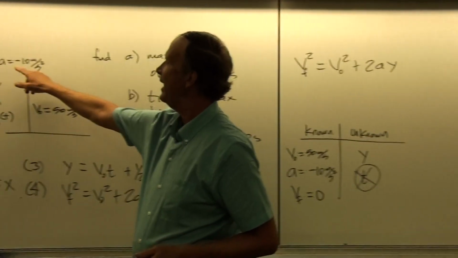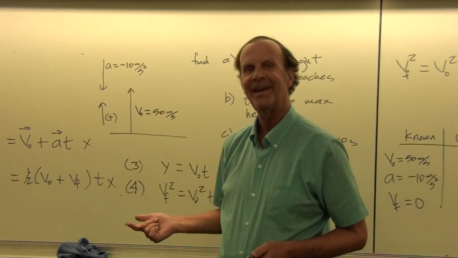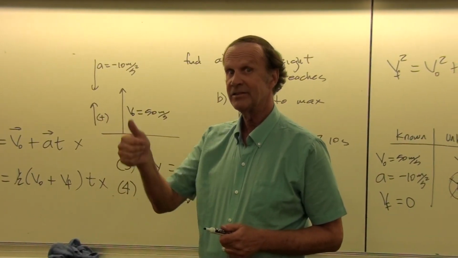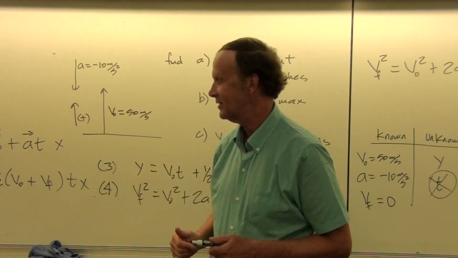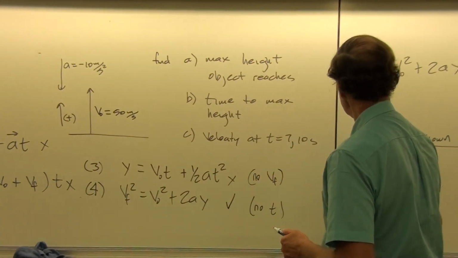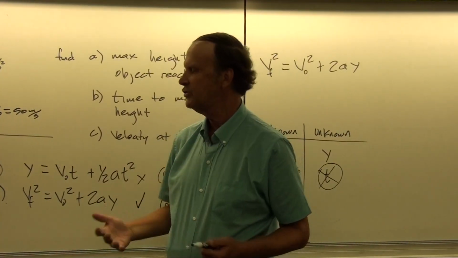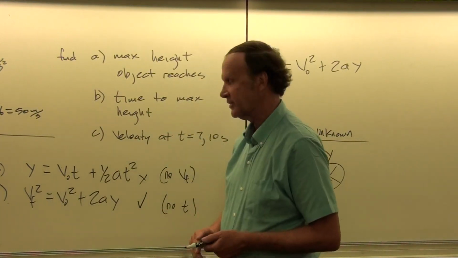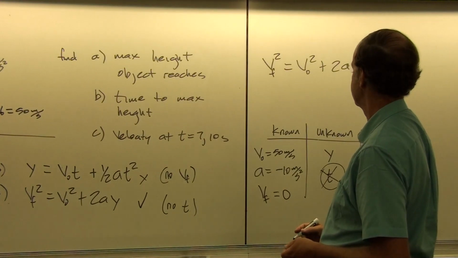If you write A is minus G and then write G is minus 9.8 or minus 10, then you're making it positive. And gravity is not positive here. It's slowing you down in the positive direction. So just put in the one minus sign and don't try to think ahead and say, well, G is negative and A is minus G, because then you'll make a minus sign here. Just put in that it's minus 10, and that takes care of it for you.